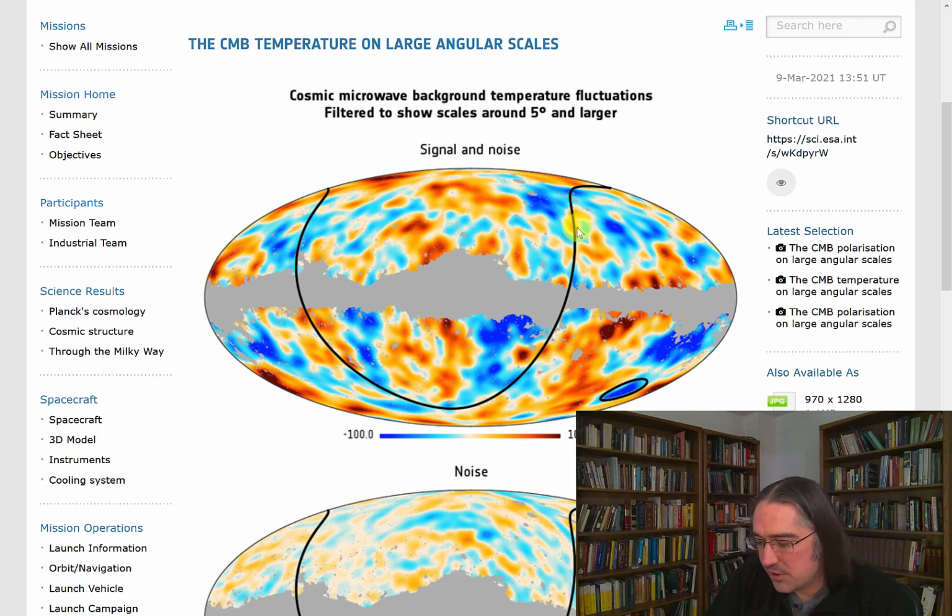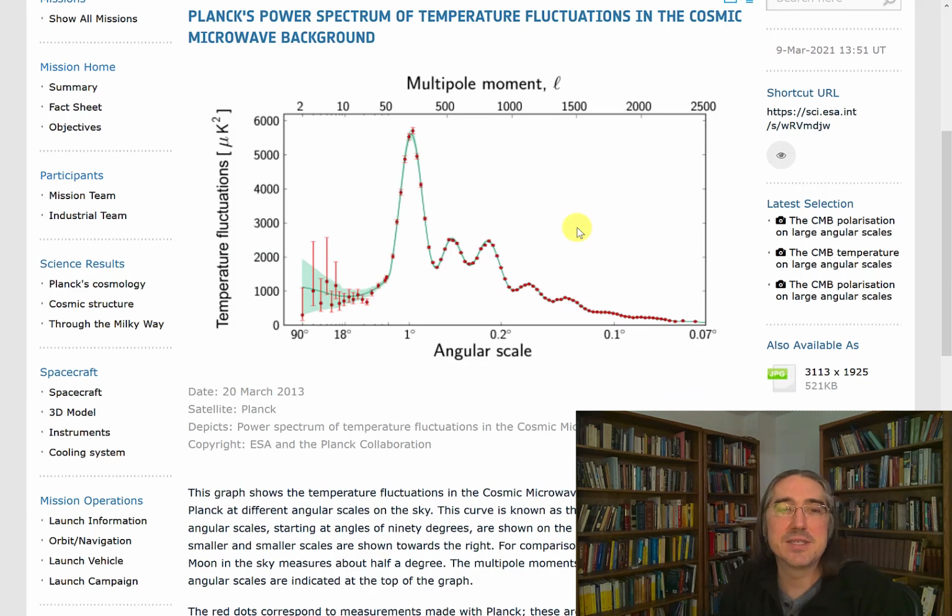And in fact, what they generally will publish, even though these look great, the meat of the data isn't something like this. This looks at the distribution of those temperature fluctuations as a function of multipole moment, which has some connection to the things that you did looking at the hydrogen atom and quantum mechanics in terms of spherical harmonics. But if multipole moment doesn't sound intuitive to you, angular scale is just as good a way to think about this, really.